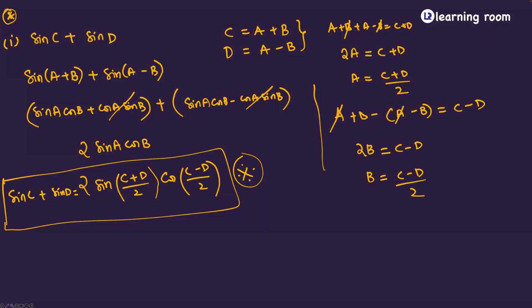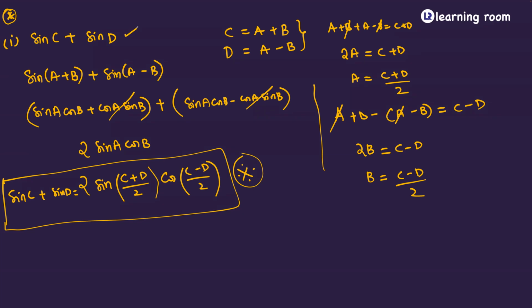Sin C plus sin D is basically sin of A plus B plus sin of A minus B. So C I treat as A plus B and D is treated as A minus B, and then you solve it.